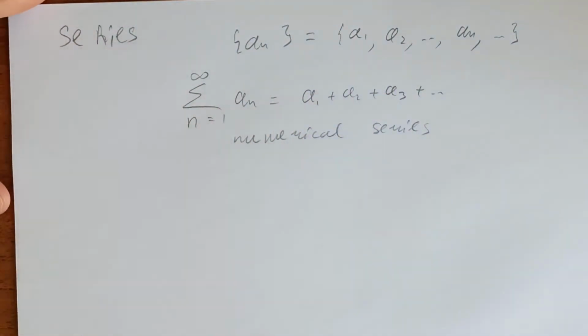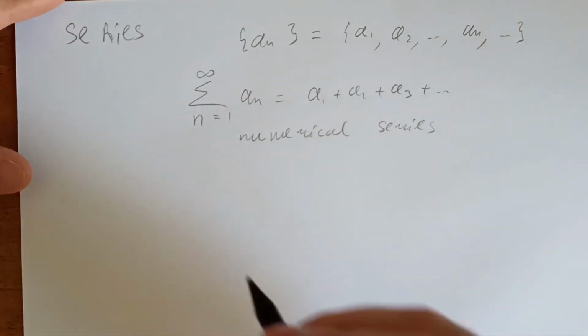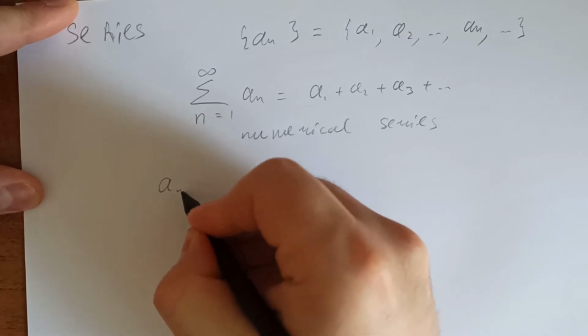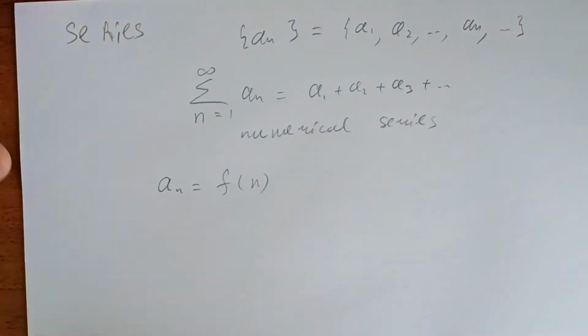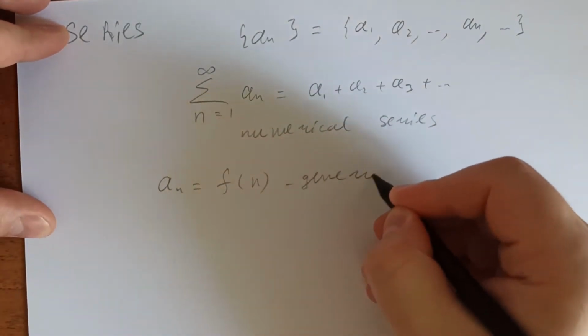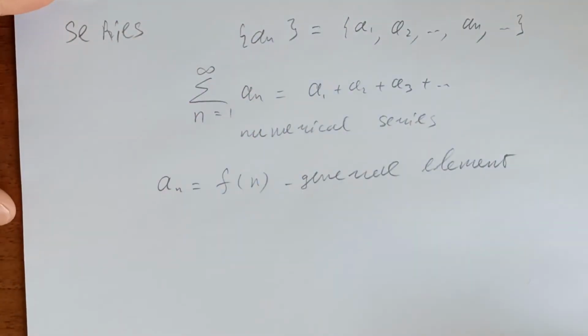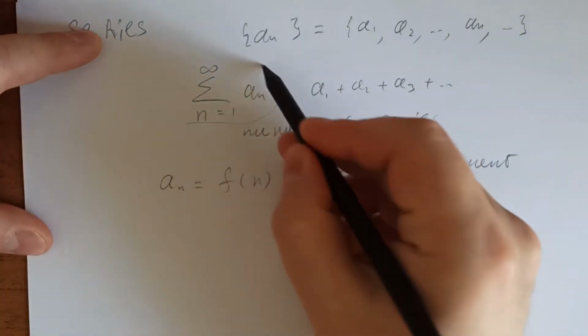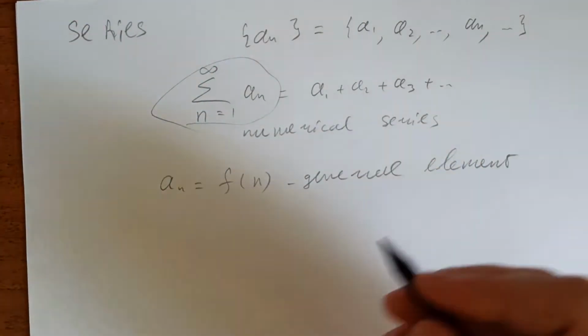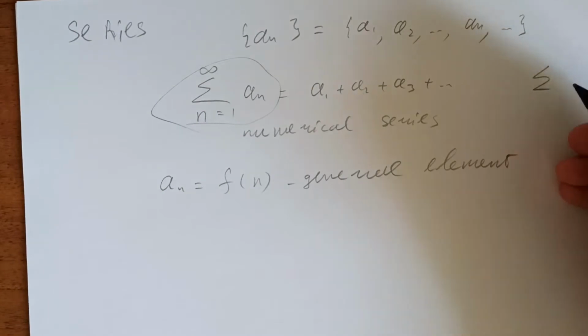a_1, a_2, a_3 and so on are called elements, and if we write down the formula a_n as f of some number n, this will be the general element of the series. We may shorten this denotation as sum a_n.